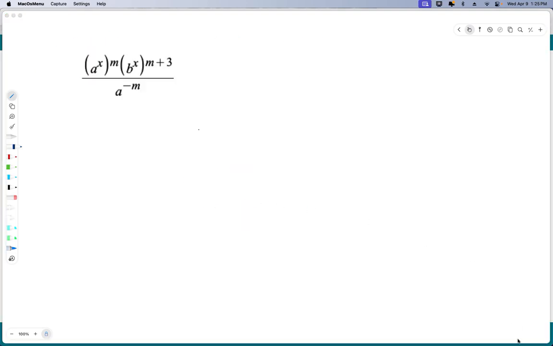Next problem. Okay, so we've got a to the x to the m, so that's going to be a to the xm, and then we've got b to the x to the m plus 3. So it's going to be b to the xm plus 3x.